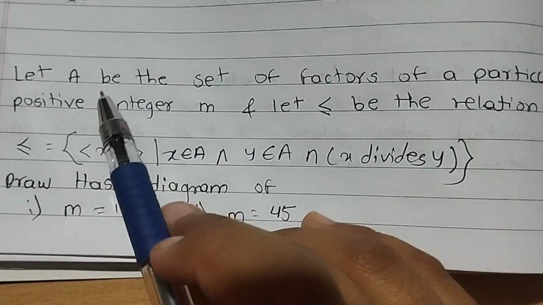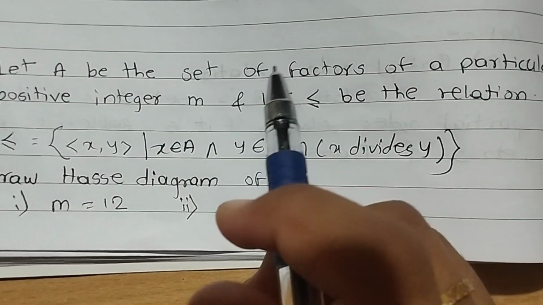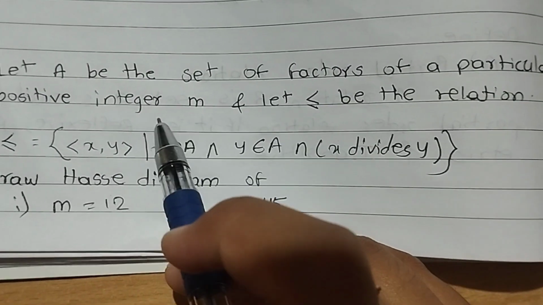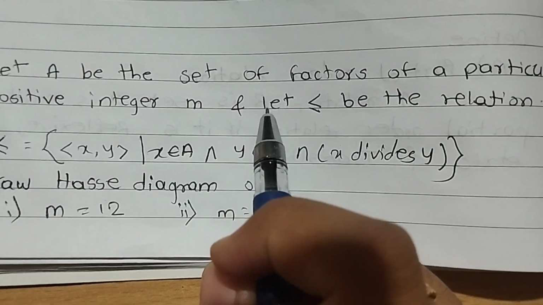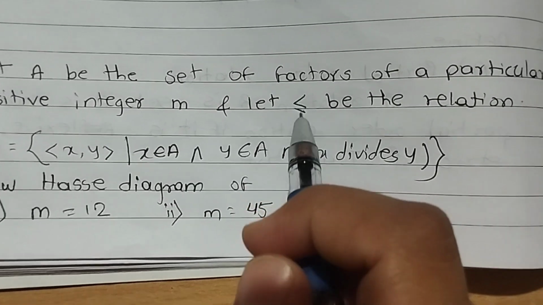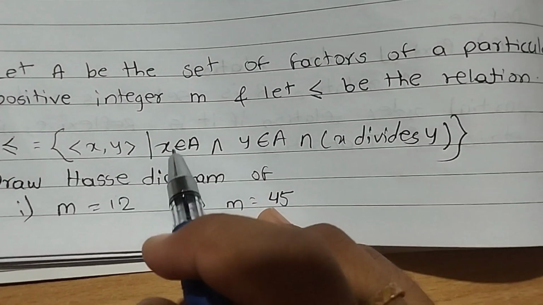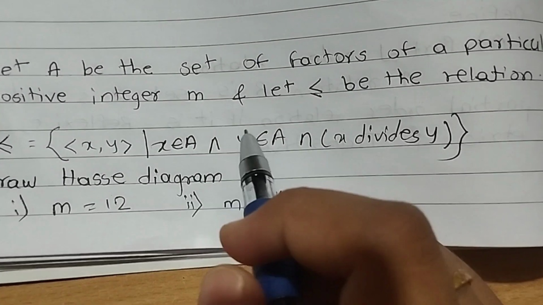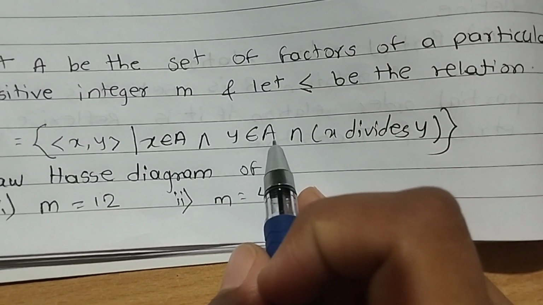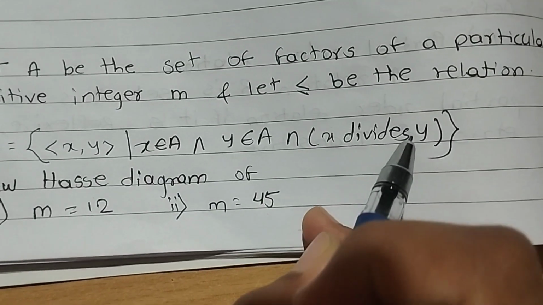One more example. Let A be a set of the factors of a particular positive integer m, and let the poset be the relation of x and y such that x belongs to A and y belongs to A and x divides y.